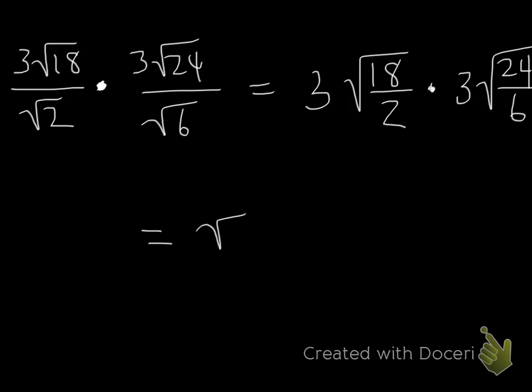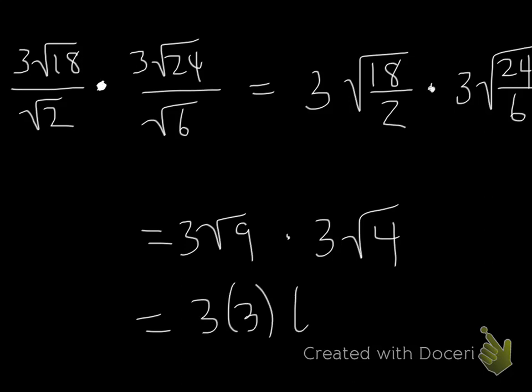The result, 3 root 9 times 3 root 4, 3 by 3 by 3 by 2, 9 by 6, 54.